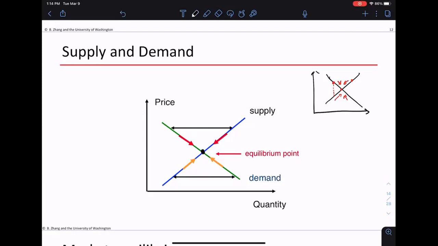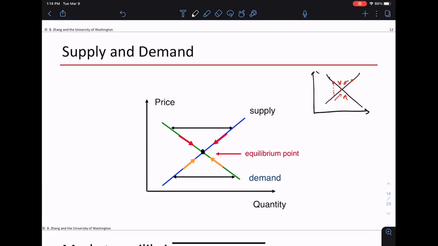Any question about this? Okay, and this basically underpins most of the US electricity market, actually. There's this equilibrium notion. The supply has a curve, the demand has a curve, we intersect the curves, and this is an equilibrium point.